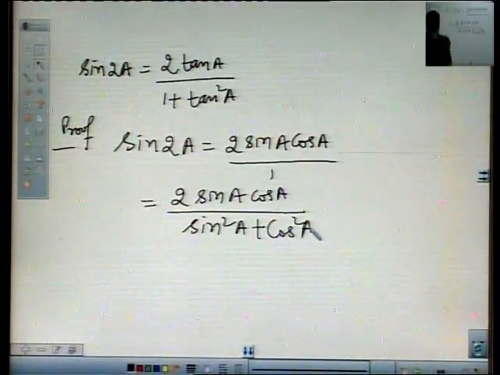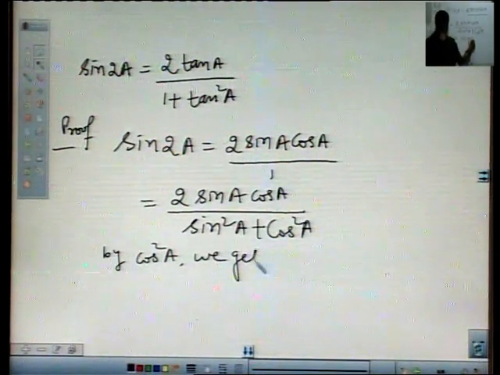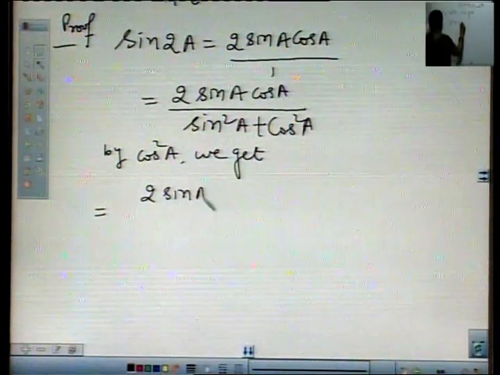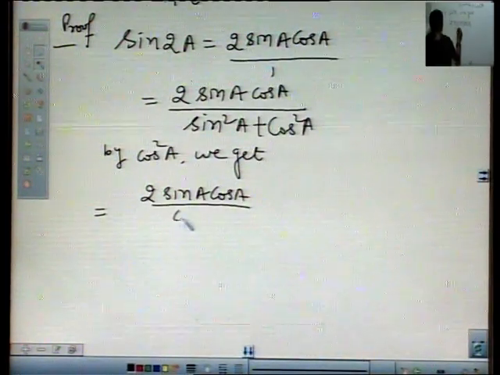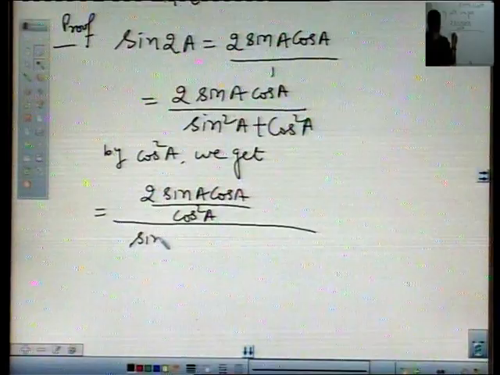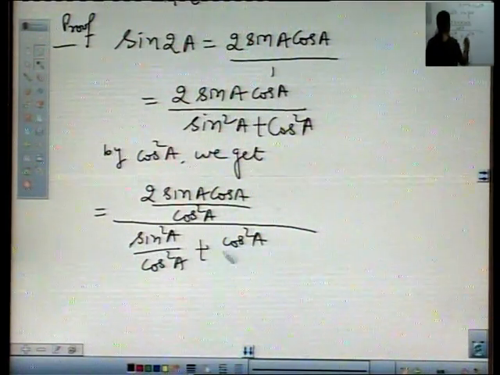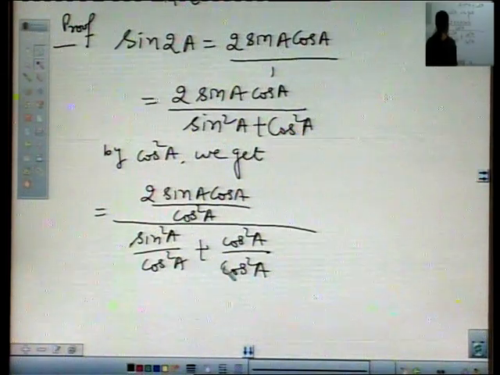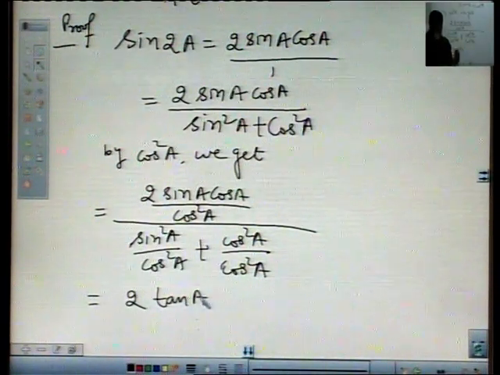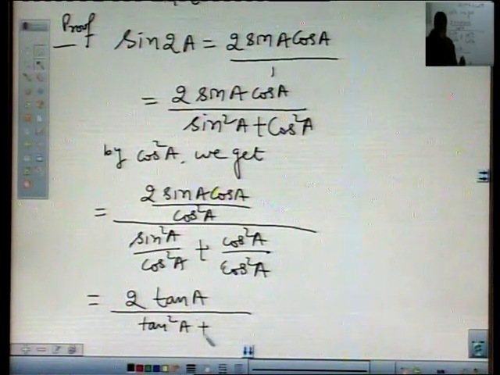Now divide numerator and denominator by cos square a, and we get 2 sin a cos a upon cos square a, and sin square a upon cos square a plus cos square a upon cos square a, and in the numerator we get 2 tan a, and in the denominator tan square a plus 1.